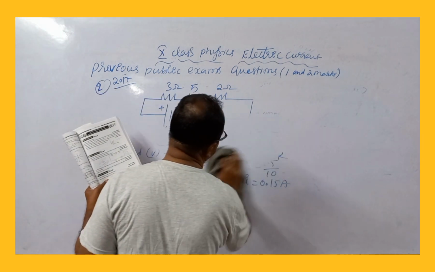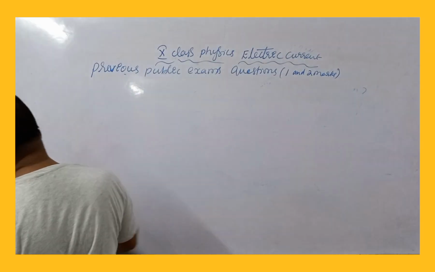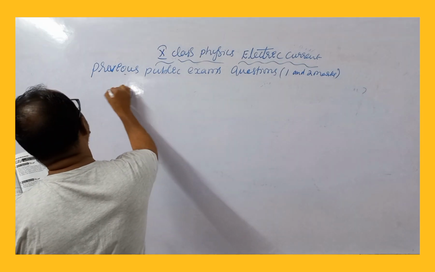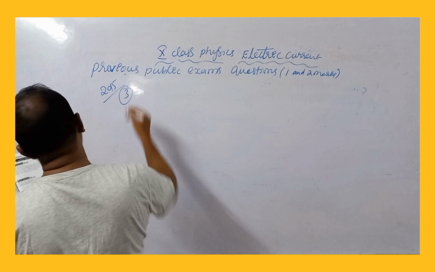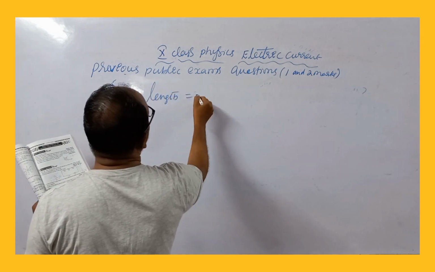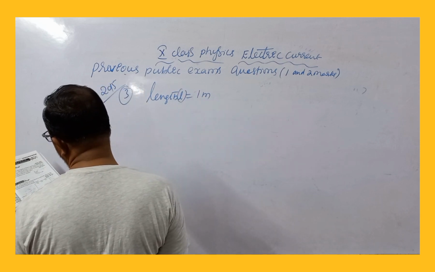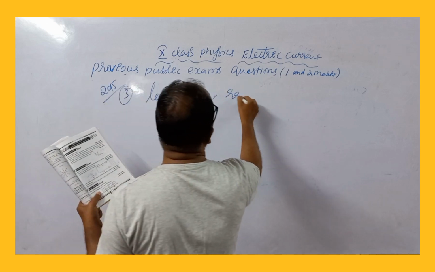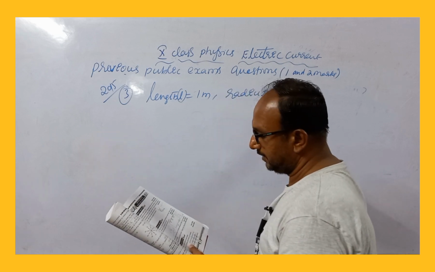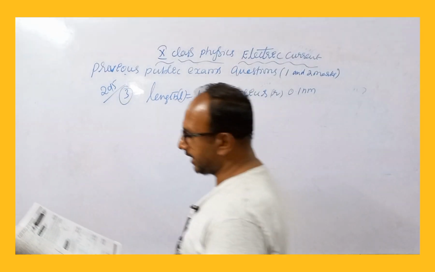Third question, 2015 June. A wire of length 1 meter. L is given as 1 meter, and radius r is given as 0.1 nanometer.